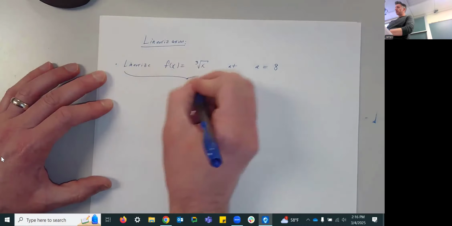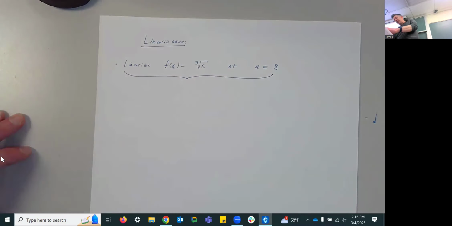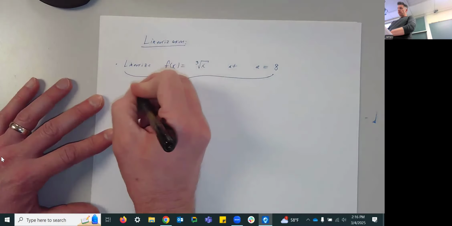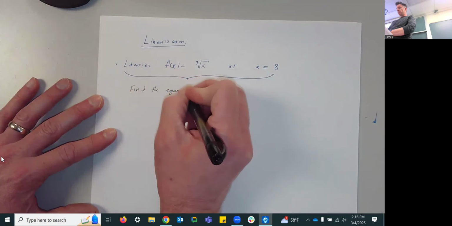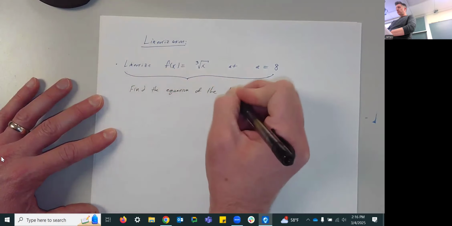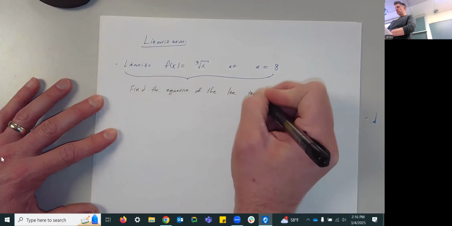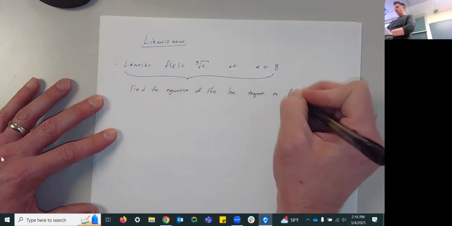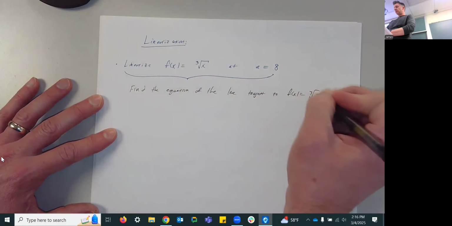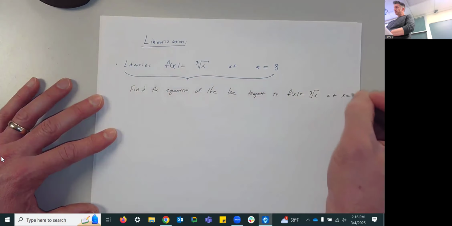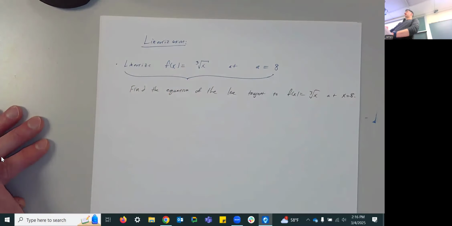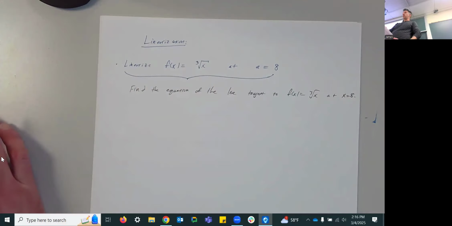All this says, in more plain English, is find the equation of the line tangent to f of x equal to the cube root of x at 8. That's the whole idea. You're finding a linearization.